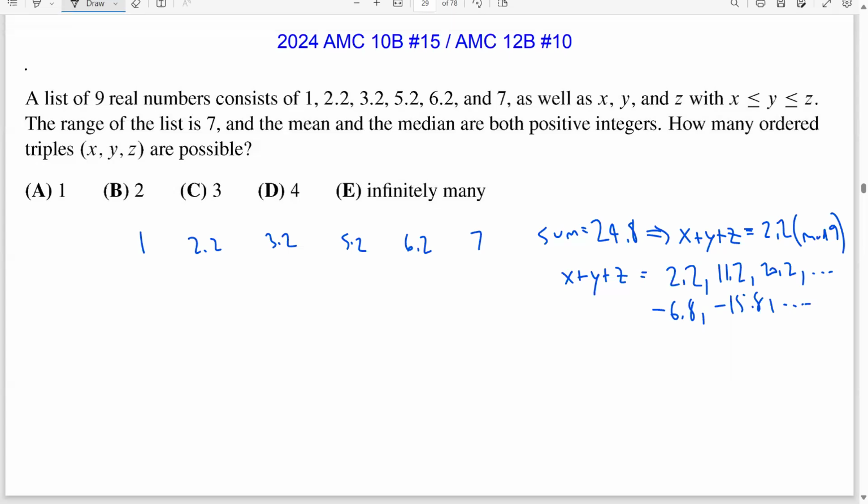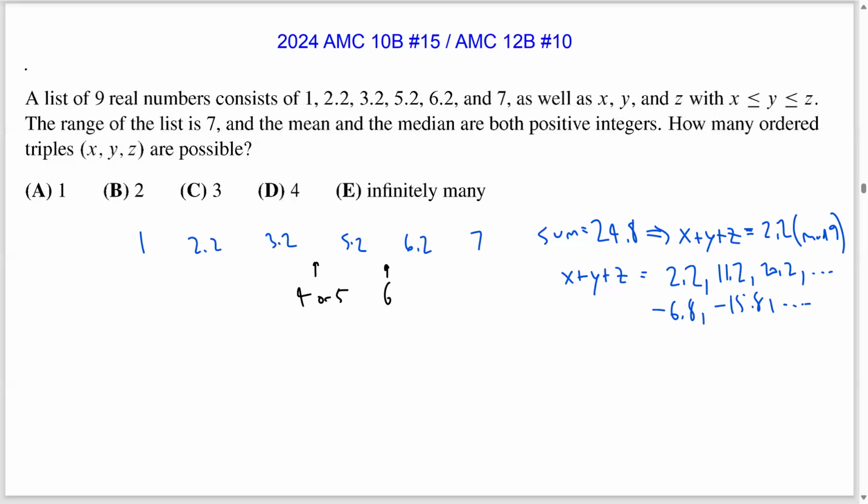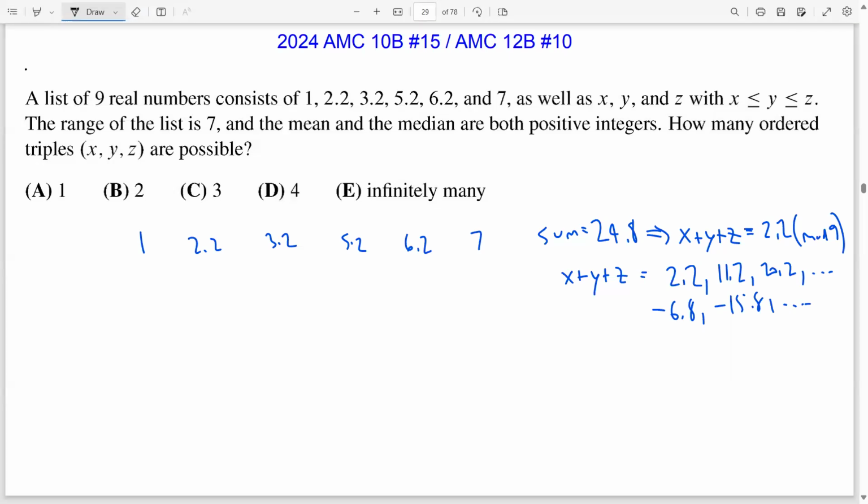It is also possible that the median is 6, and 6 is the largest possible median I can get. But it's also possible that the median can be 4 or 5 if the middle number is between 3.2 and 5.2. So there are going to be a few different cases.